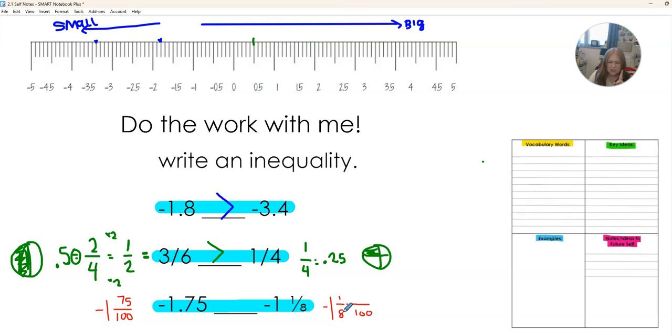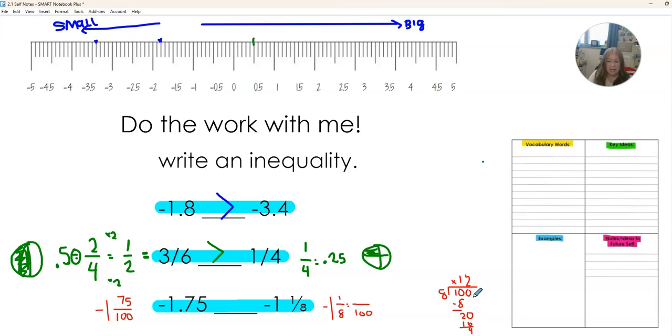So I need to first know, how many times does it take to get from 8 to 100? So I know 8 cannot go into 1, but it can go into 10 one time. So 1 times 8 is 8, and there's 2 left over. Now we have that 0 here. So 8 goes into 20 2 times, which is 16.